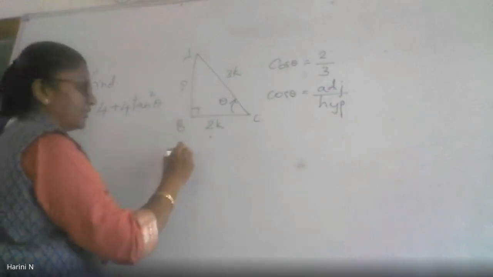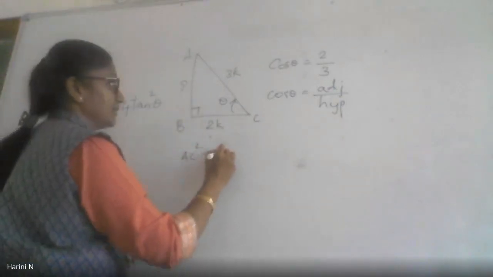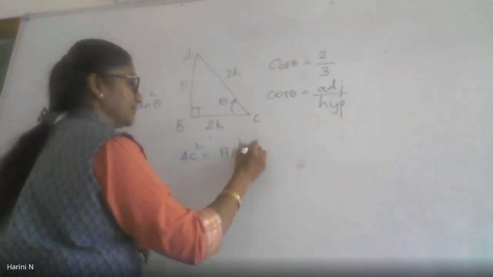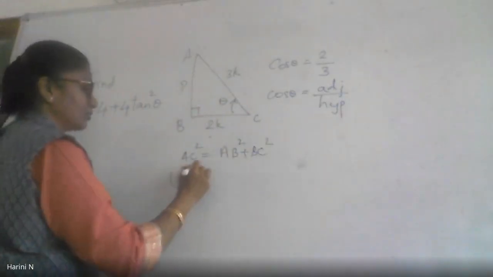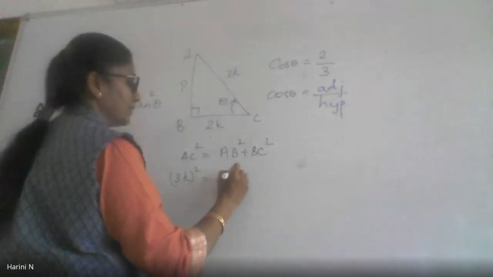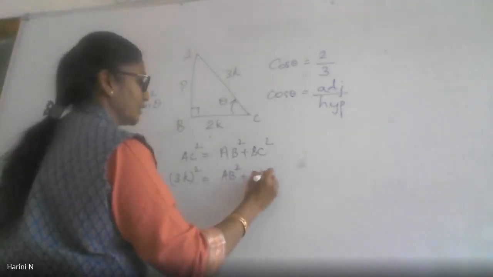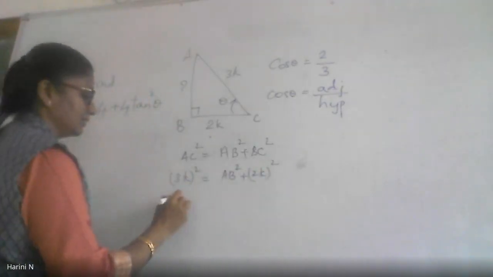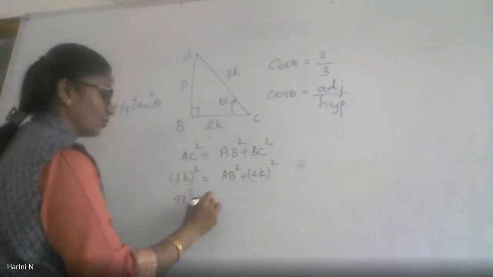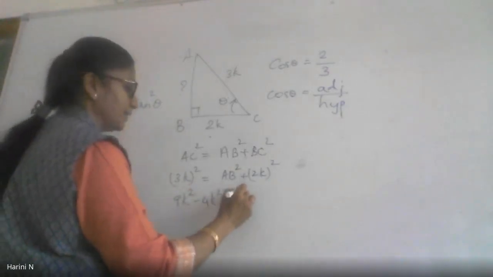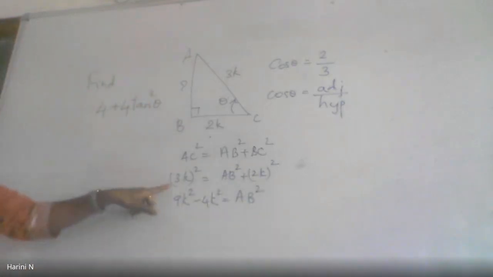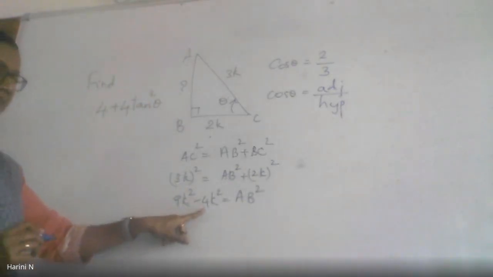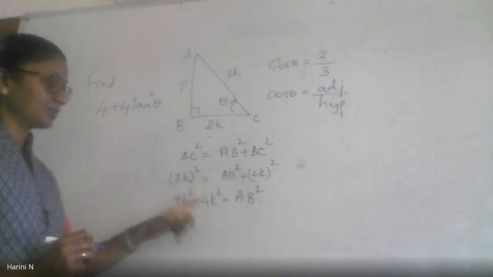By Pythagoras, AC square equals AB square plus BC square. So AC I substitute 3k the whole square, equal to AB square is what I want, plus 2k the whole square. So this is 9k square minus 4k square, which will be equal to AB square. 3k into 3k is 9k square, and 2 into 2 is 4k square.